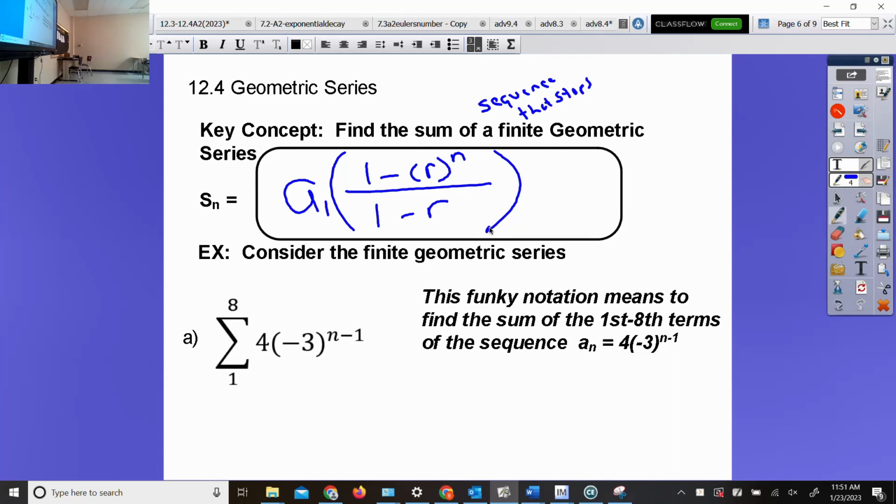Here's some new notation. I don't know if I actually use it with you or not, but I want you to see it once in your life. That big, funky Greek letter. Anybody know what it is? No. That's the uppercase Greek letter sigma.